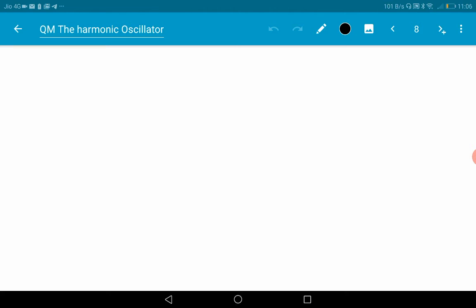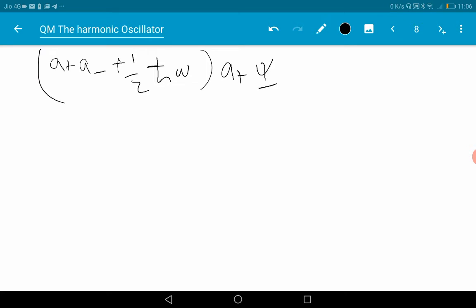What we did last was a plus a minus plus half h cross omega into a plus psi, and we multiplied by a plus inverse, so that gives a minus a plus half h cross omega a plus.